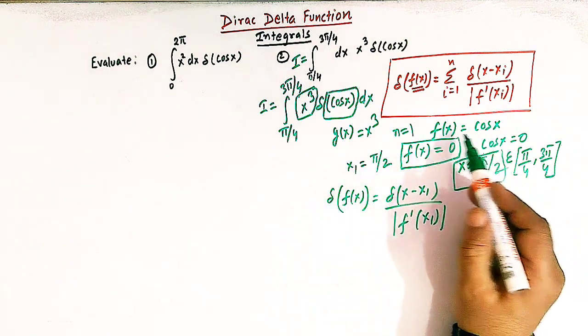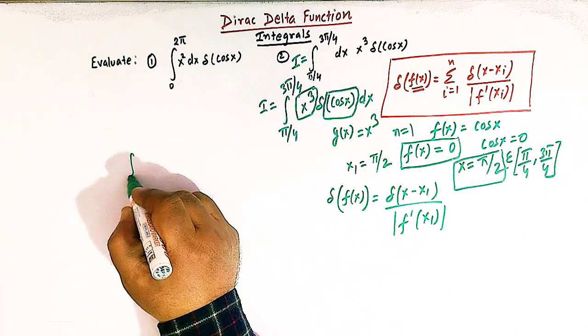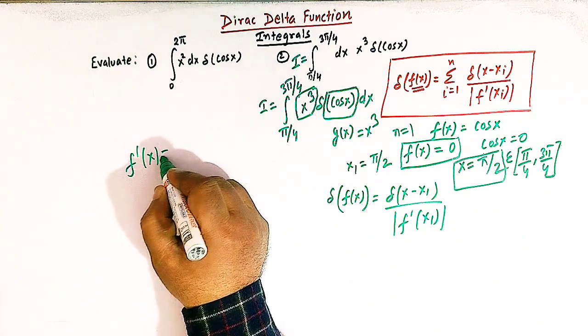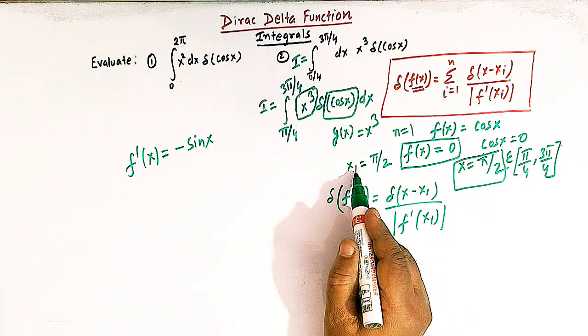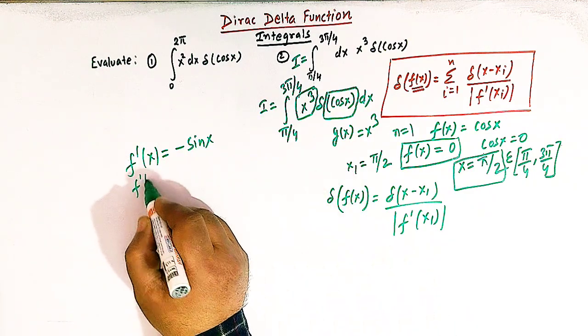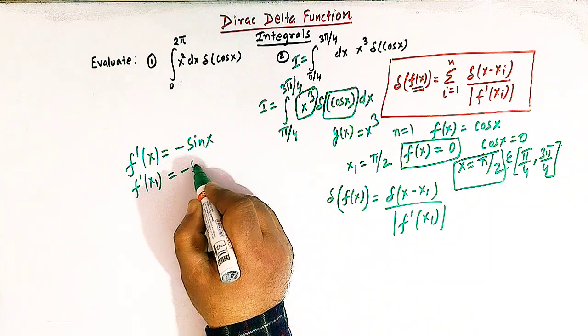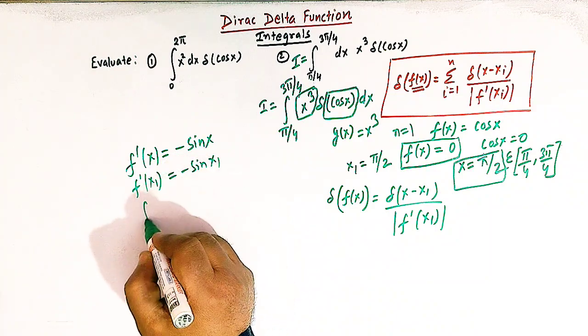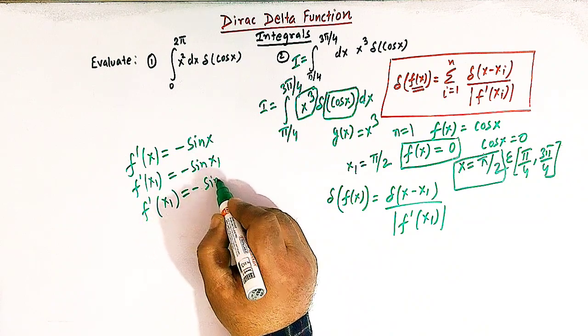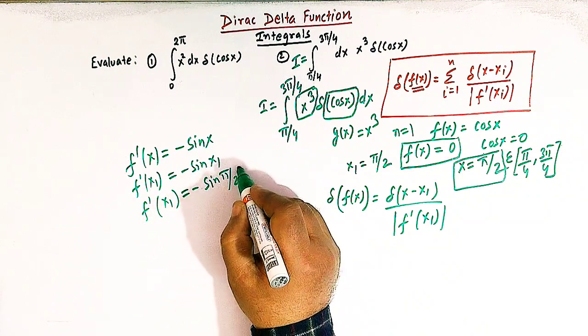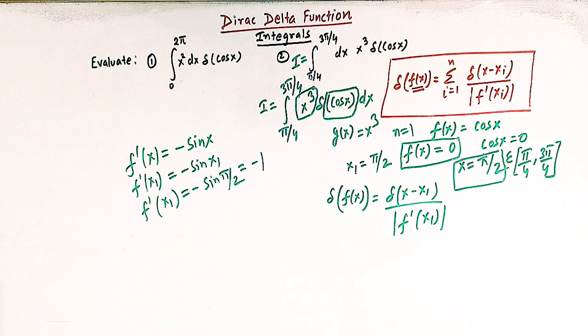Let us differentiate this function. f prime of x is given by minus sine x, and at this root f prime of x1 is given by minus sine x1. So f prime of x1 is minus sine pi by 2. Sine pi by 2 is 1, so we have minus 1.